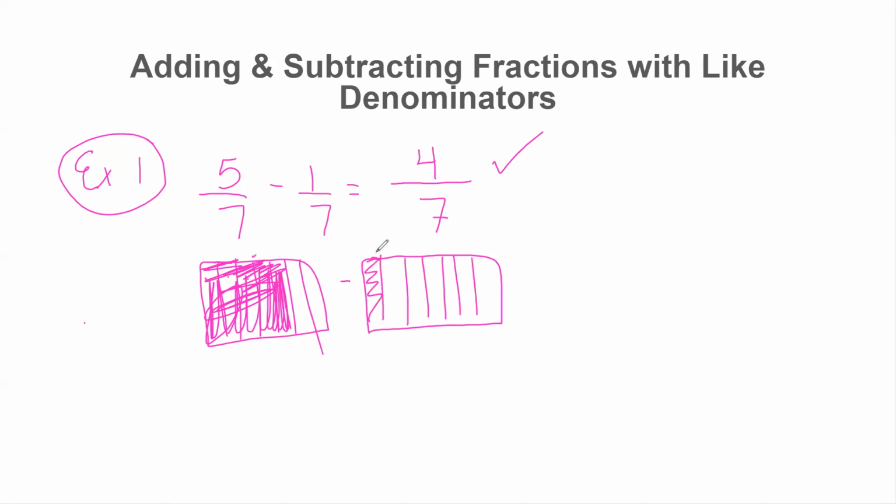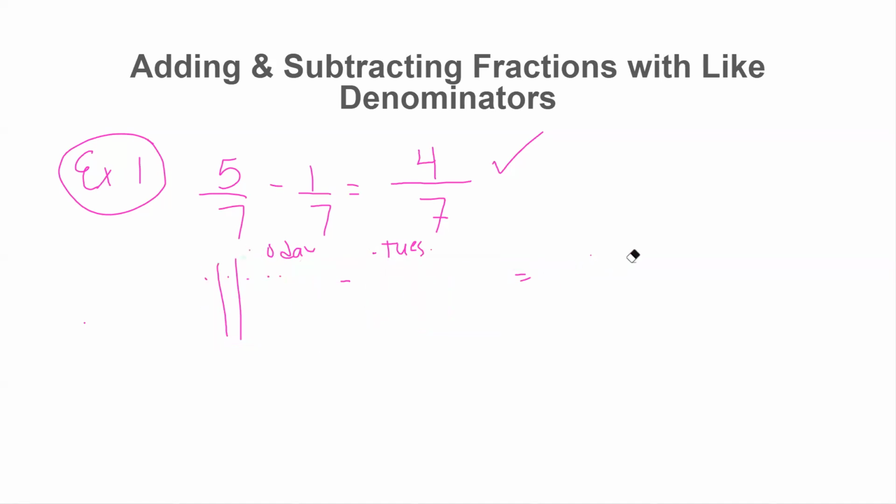So this had 5 pieces eaten. This had 1 piece. Basically, how many more did you eat? Let's say this is what you ate on Monday of the candy bar. This is what you ate on Tuesday. How much more did you eat on Monday? You ate 4 more pieces on the first day, right? That's not the best example there with the candy bar. Sorry.